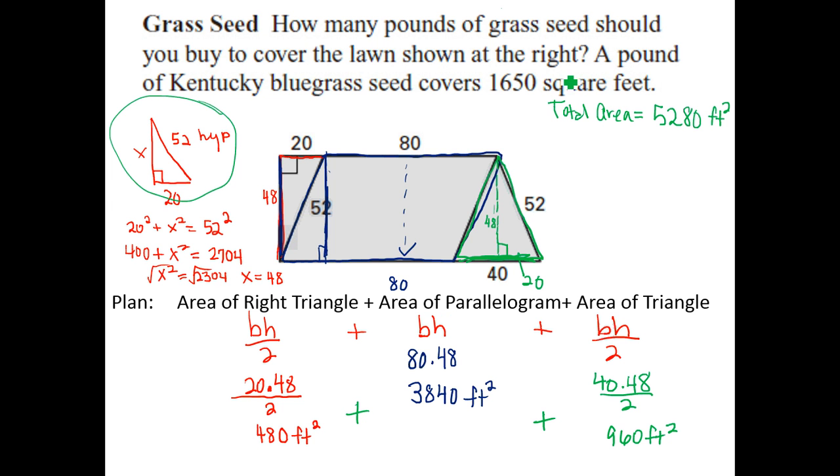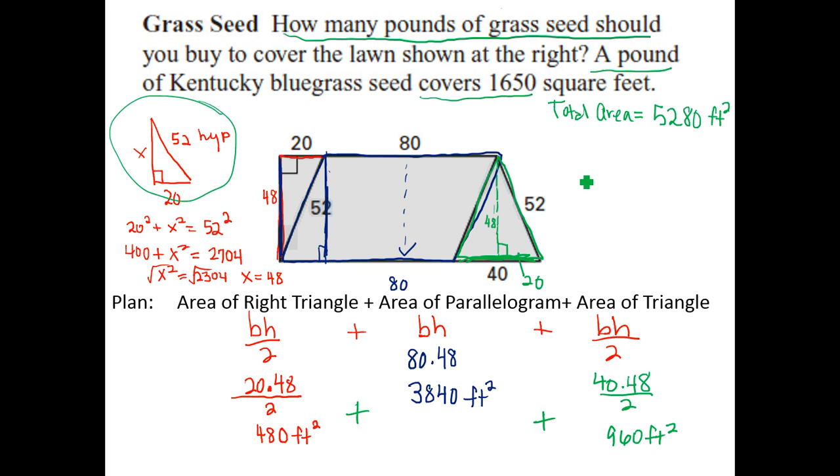But now we make sure we read the directions again. A pound covers 1,650 square feet. So how many pounds of grass seed should I buy? Well, 5,280 does not tell me how many pounds of grass seed I should buy.